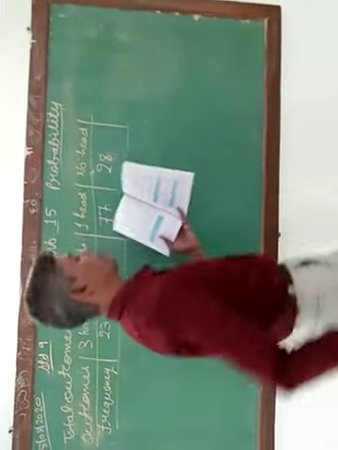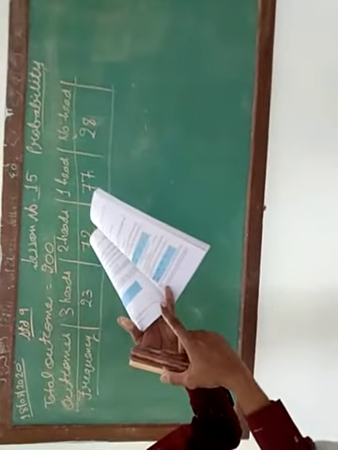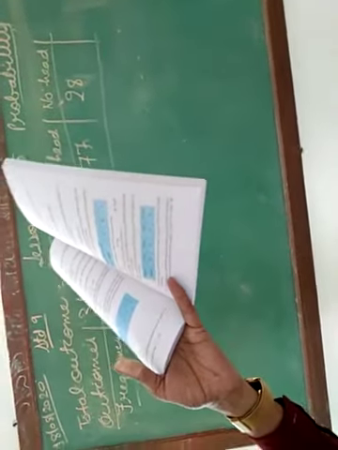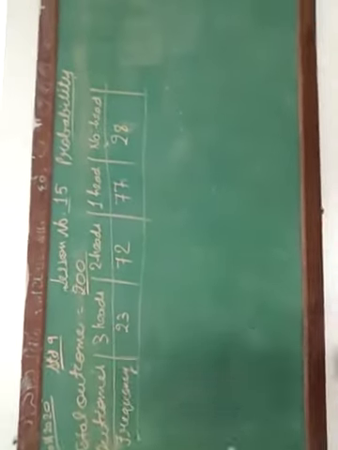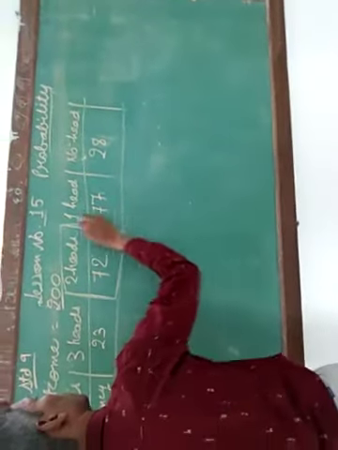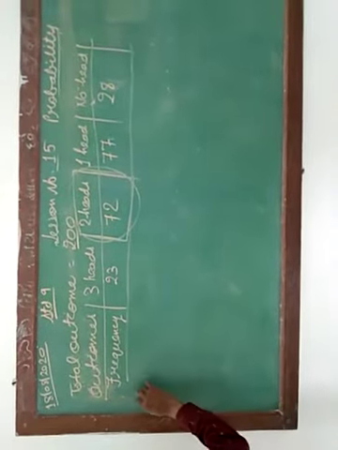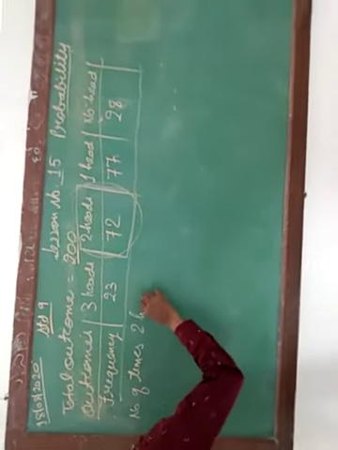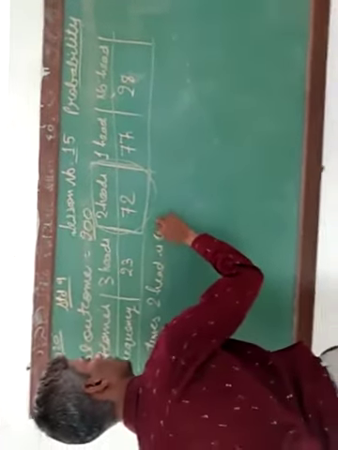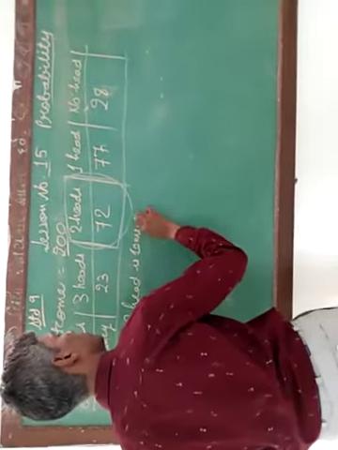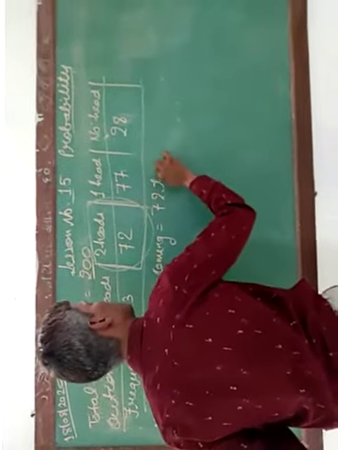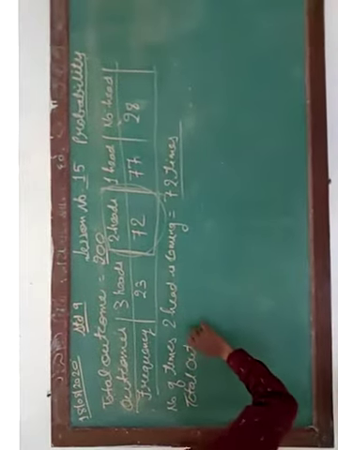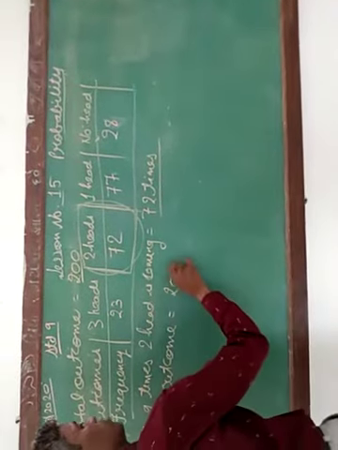We have to find the probability: if the 3 coins are simultaneously tossed again, find the probability of 2 heads coming. So how many times is 2 heads coming? 72 times. The total outcome is 200.